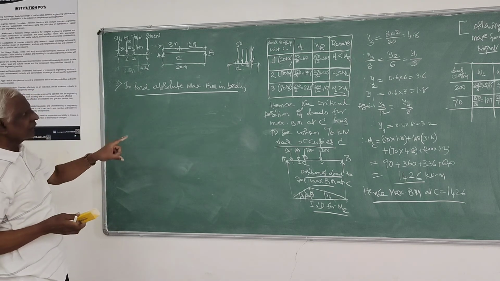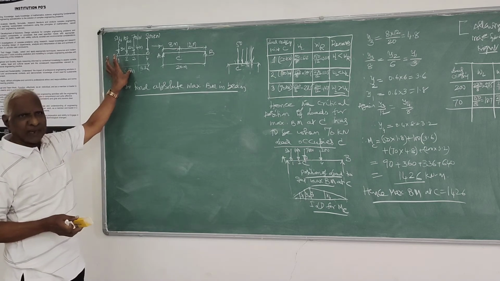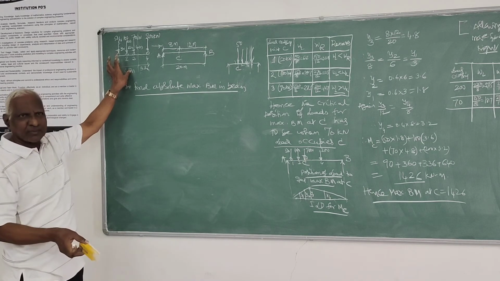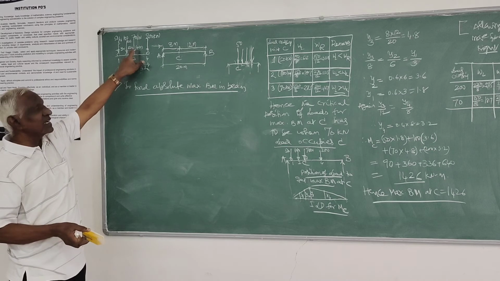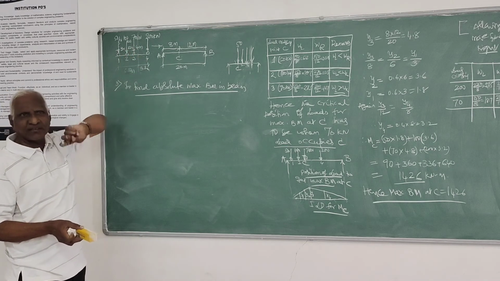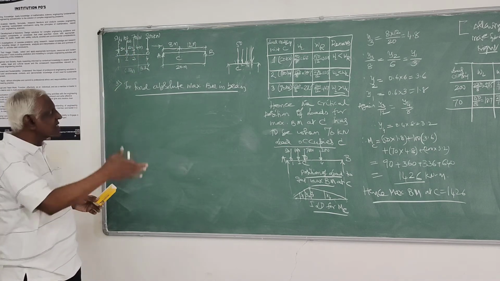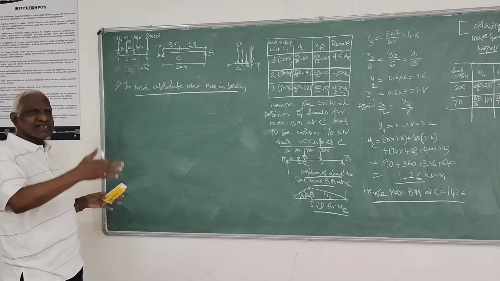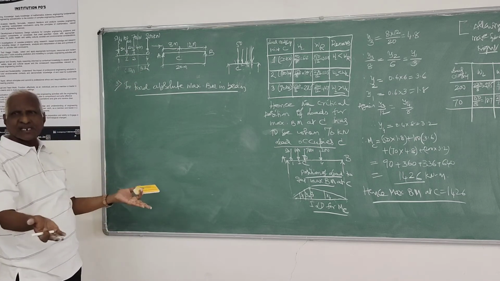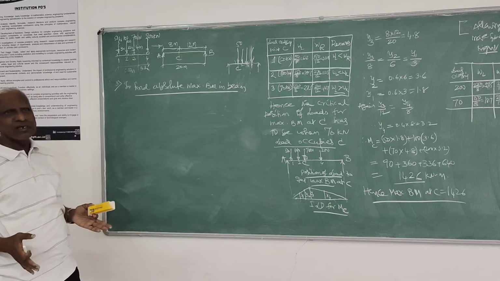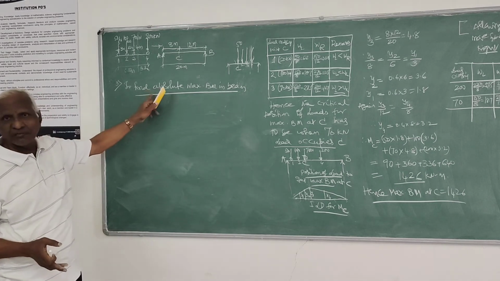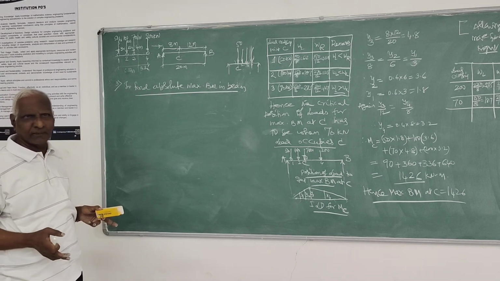distance equal to half the span, which corresponds to your center of span, minus half the eccentricity of the load. That means you are placing that load and the CG of the loads at equidistance from the center of span. That is the criterion to get the maximum bending moment.